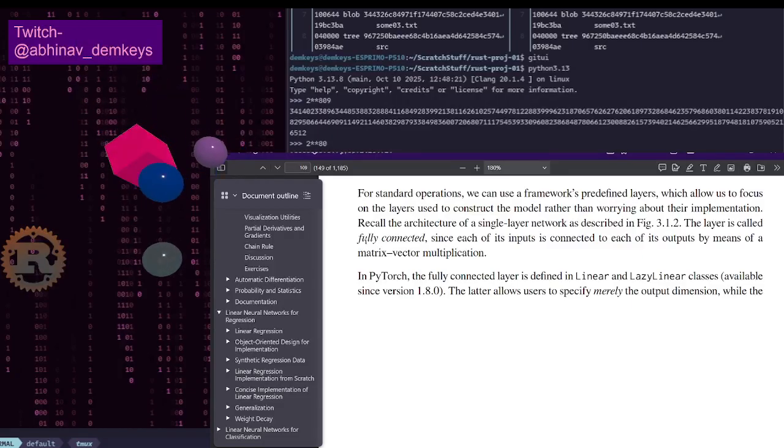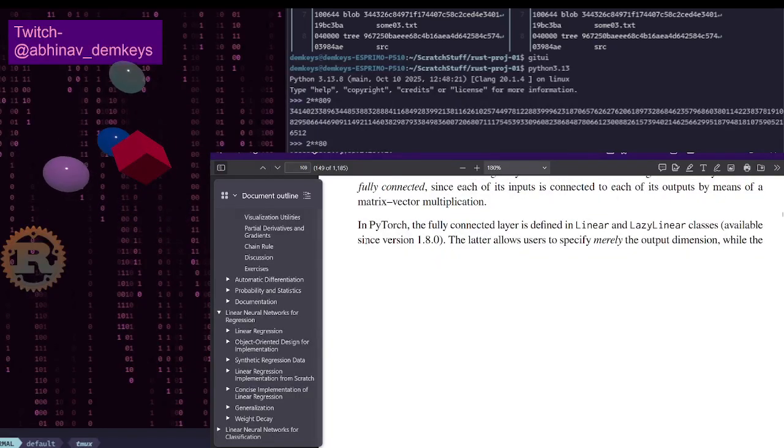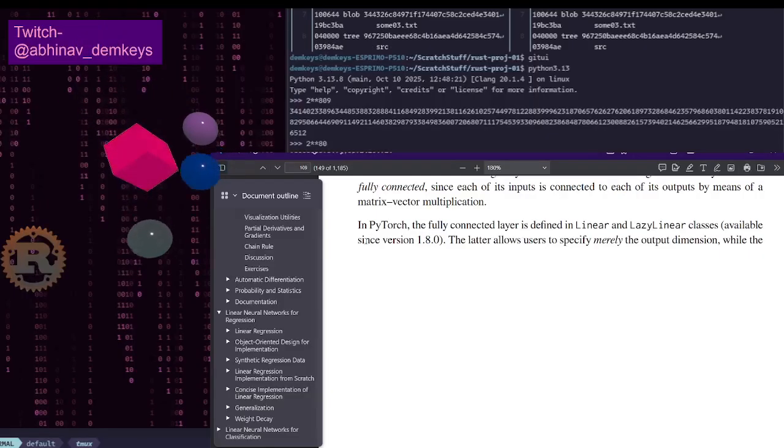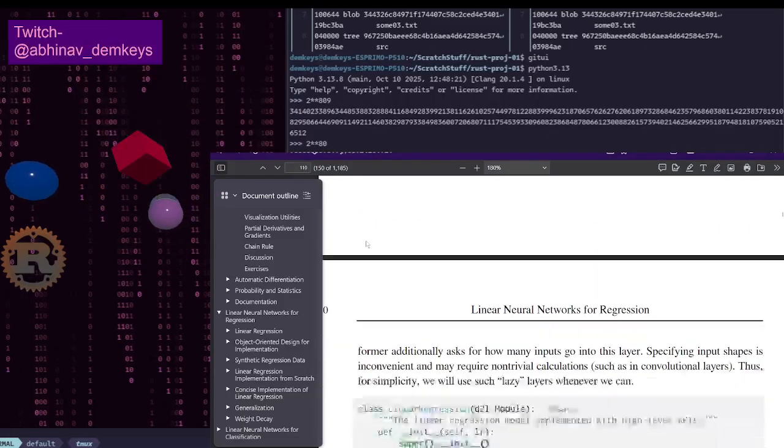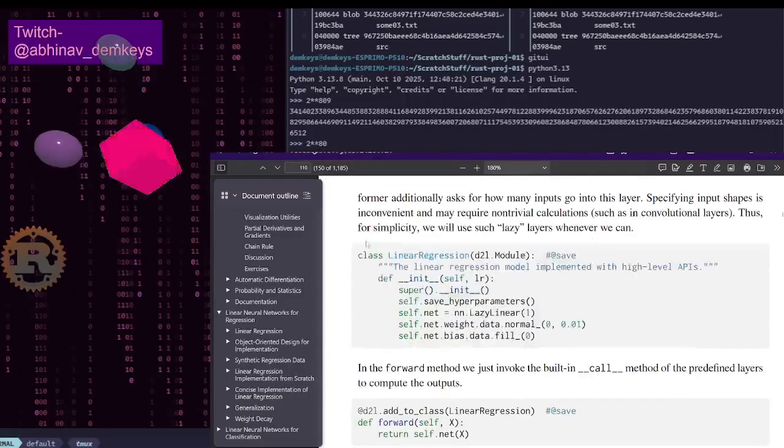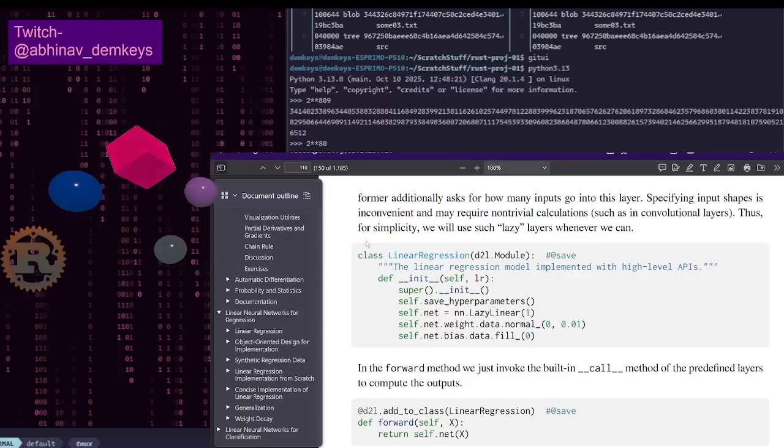The layer is called fully connected since each of its inputs is connected to each of its outputs by means of a matrix vector multiplication. In PyTorch, the fully connected layer is defined in the Linear and LazyLinear classes. The latter allows users to specify merely the output dimension, while the former additionally asks for how many inputs go into this layer.